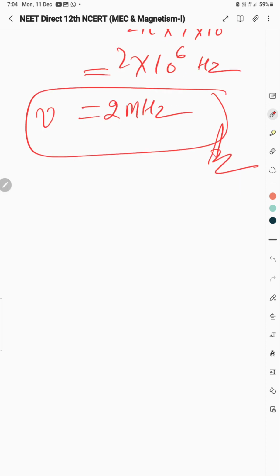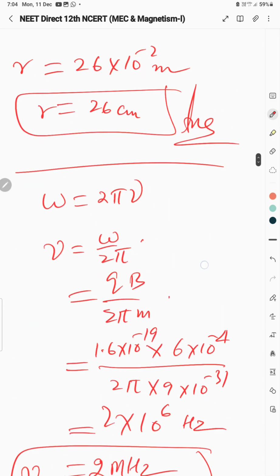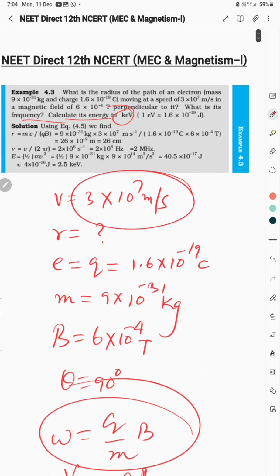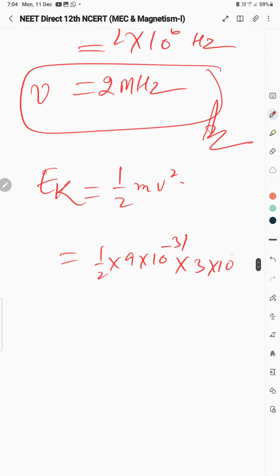Okay, so we can write that kinetic energy is half mv square, half m, mass of electron 9 × 10^-31, velocity was given to us 3 × 10^7, squared. So it is 4.5 into this into 10^-24. That you can check out yourself.